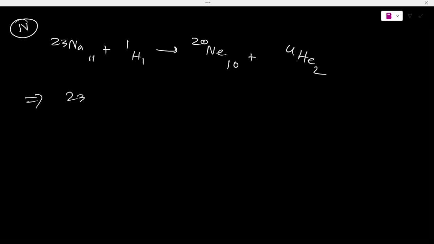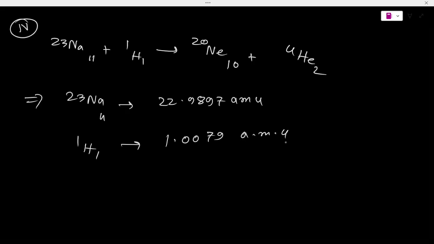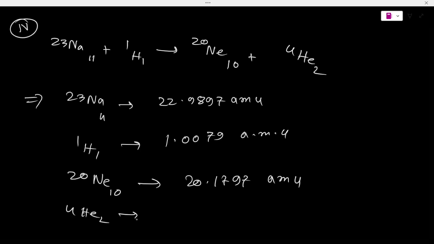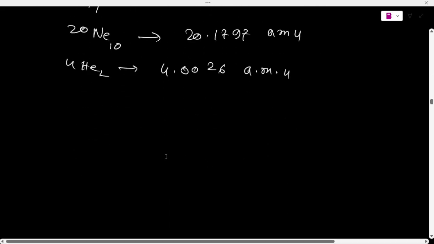So for sodium-23 the atomic mass will be 22.9897 atomic mass unit, and hydrogen-1 will be 1.0078 AMU. For neon-20 it will be 20.1797 AMU, and for helium-4 it will be around 4.0026 AMU.